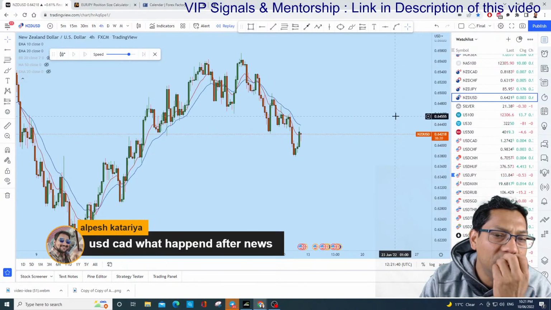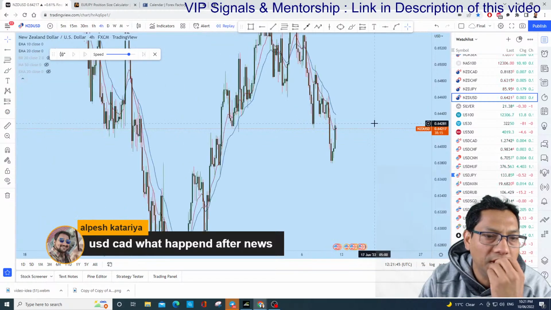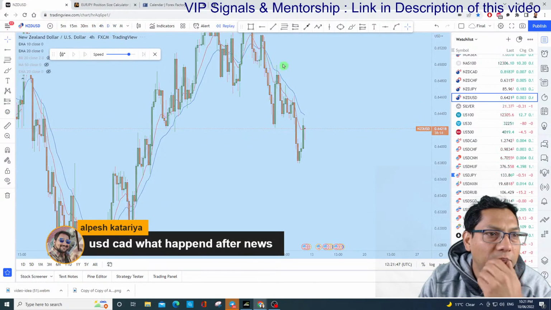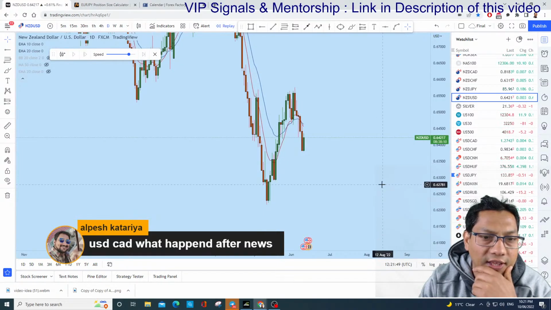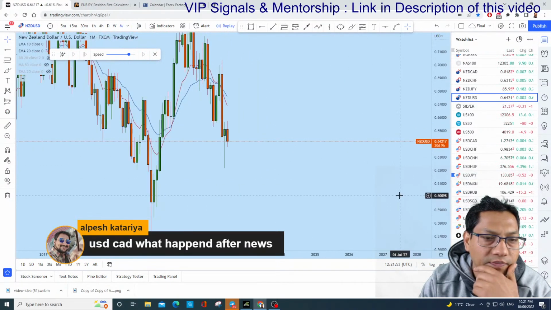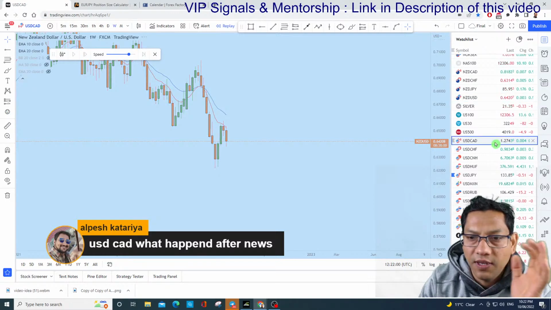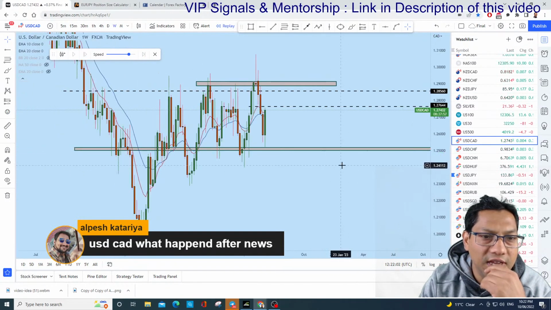So NZD USD, to me, it could even create a bullish move. Looks like that. Let me see. Monthly, long term bearish. Weekly, okay, we'll look at it. Let's leave NZD USD. Let's see USD CAD.